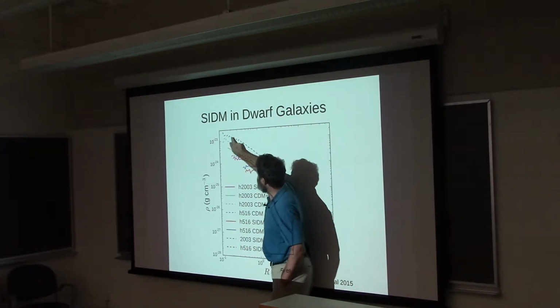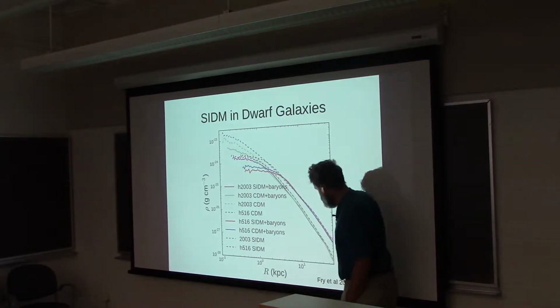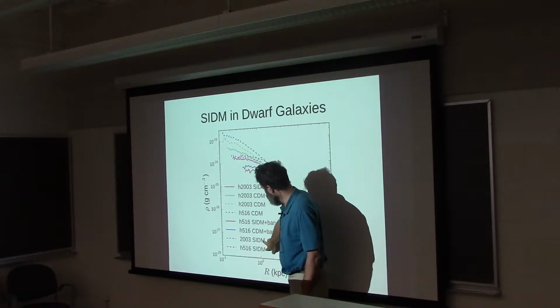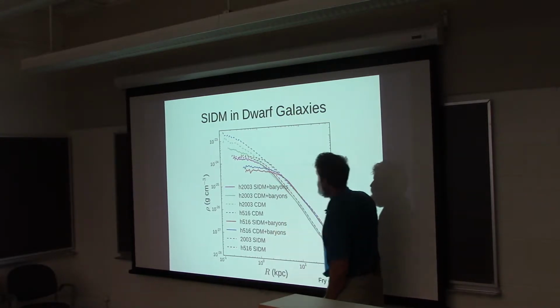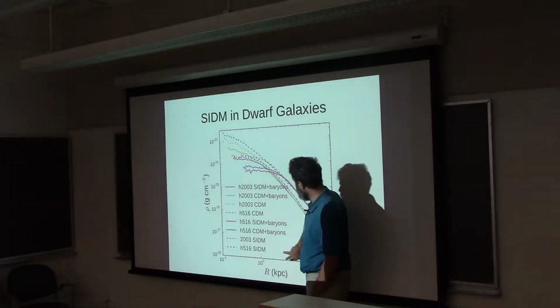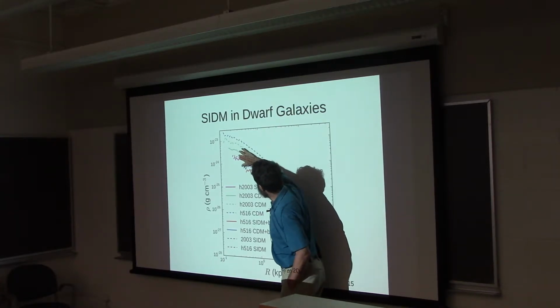If you run them in CDM, you get this cuspy inner profile in the central kiloparsec. If you run them with self-interacting dark matter, here a cross-section of 2 centimeters squared per gram, that interaction flattens the cores to these dashed lines here.